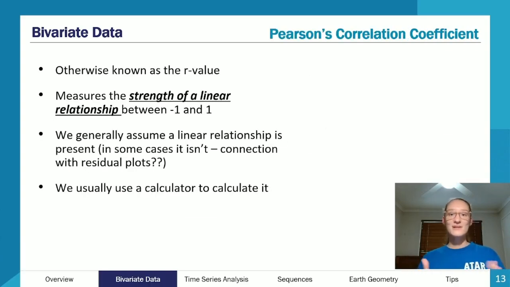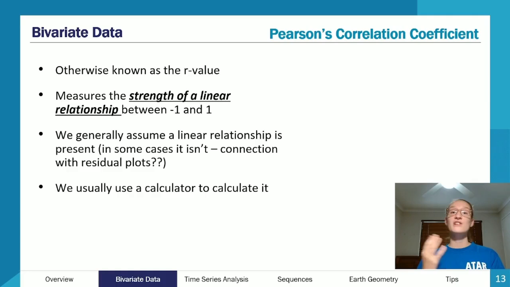So moving on to what we just mentioned, our R value, our Pearson's correlation coefficient. This measures the strength of a linear relationship, and it also tells us about the direction. So instead of maybe weak, maybe no association, maybe moderate, maybe strong, we actually get that exact, precise mathematical number value that tells us about it.